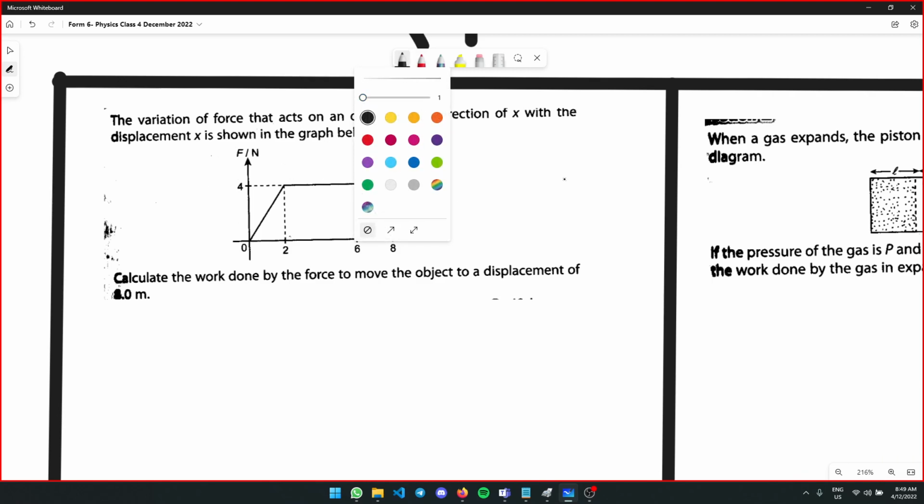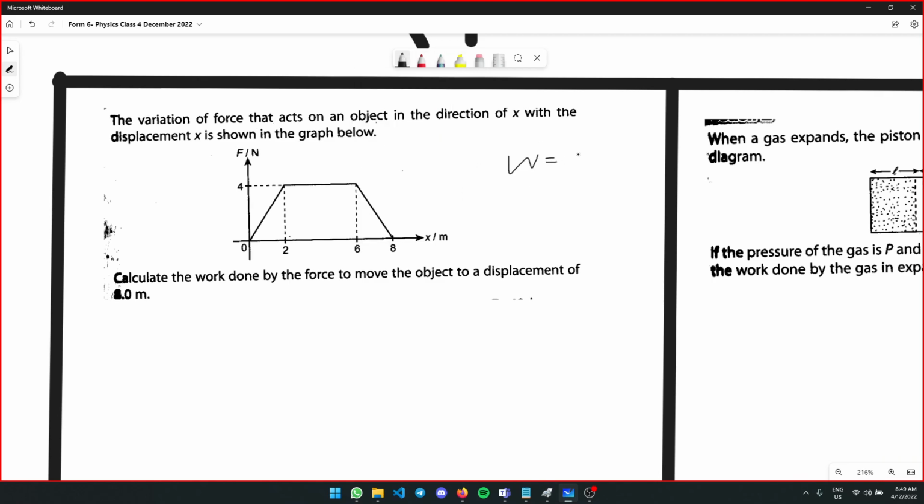Like I just mentioned, work is just a vector product of force and displacement. So this is the force and this is the displacement. All you have to do is find the area under this graph. This is a trapezoid.